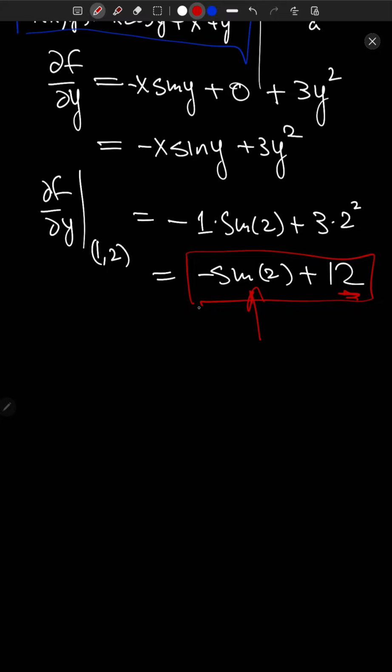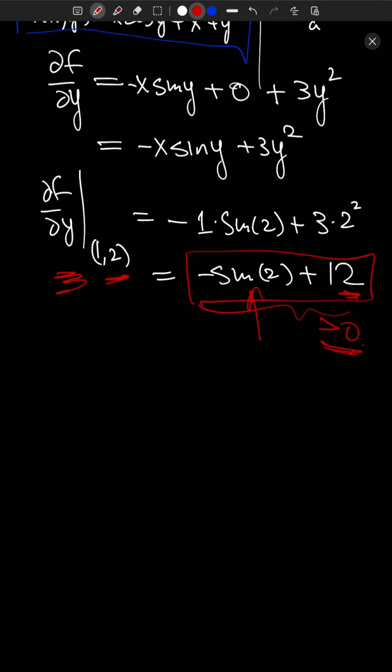So when I add 12, this is for sure positive. That means df dy at 1 comma 2 is positive. So as I move in the positive y direction, I have to emphasize that, from 1 comma 2, my function is increasing.